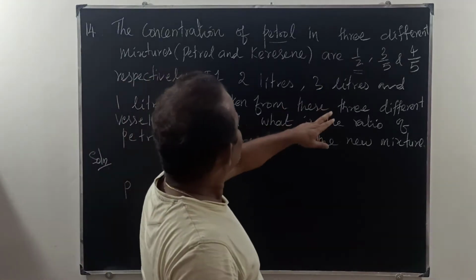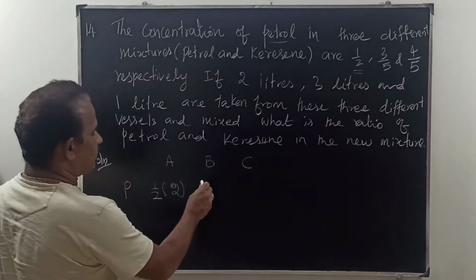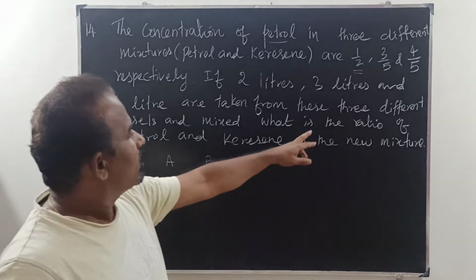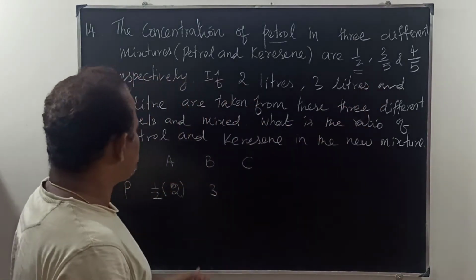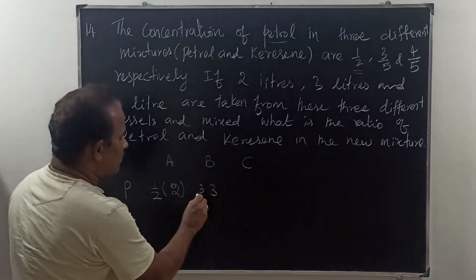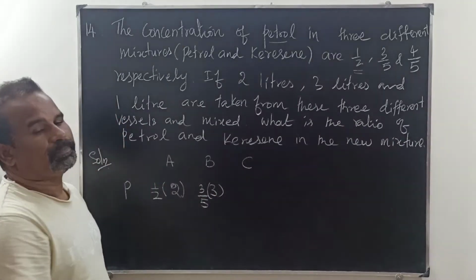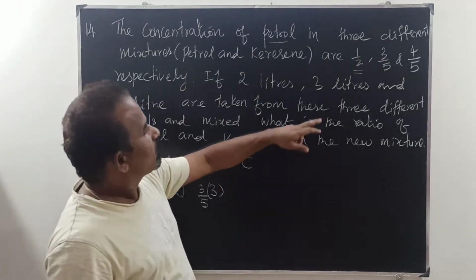Similarly, 3 liters of mixture of the variety B. So 3/5 of this 3 liters is petrol.